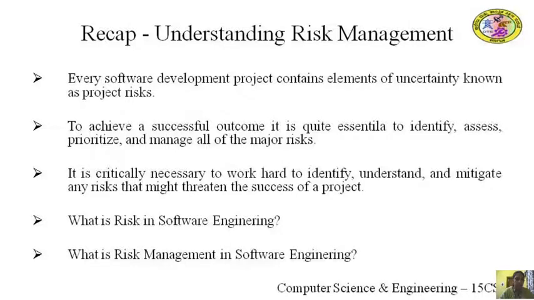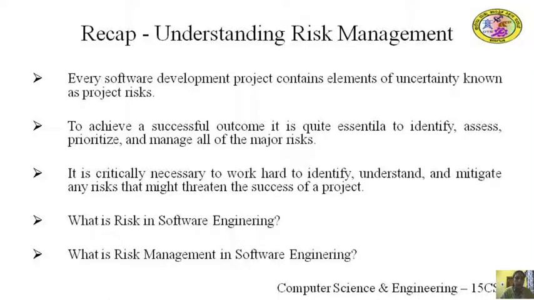Before we start the current session, let's have a brief recap of the previous session. Software development is an activity that uses a variety of technological advancements and requires high levels of knowledge.